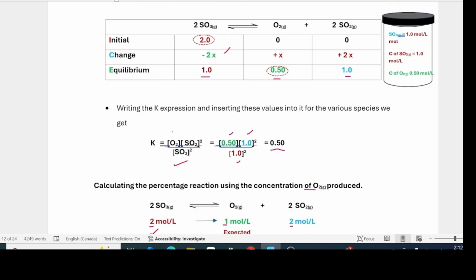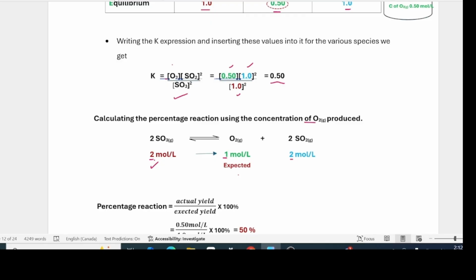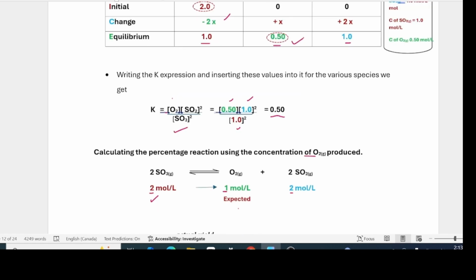You can see that from 2 moles per liter of sulfur trioxide decomposing, we expected 1 mole per liter of oxygen to be produced. But we did not get 1 mole per liter. Instead, we only got 0.5 mole per liter. So we expected this, but that is what we got in reality.